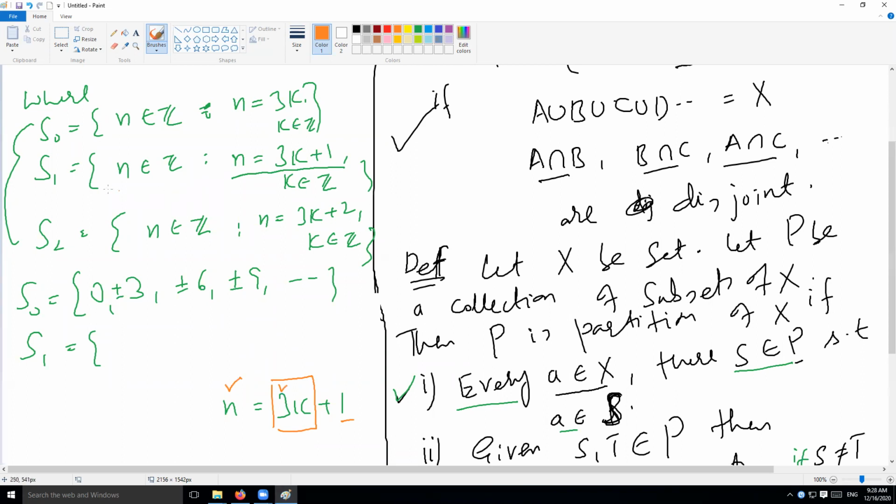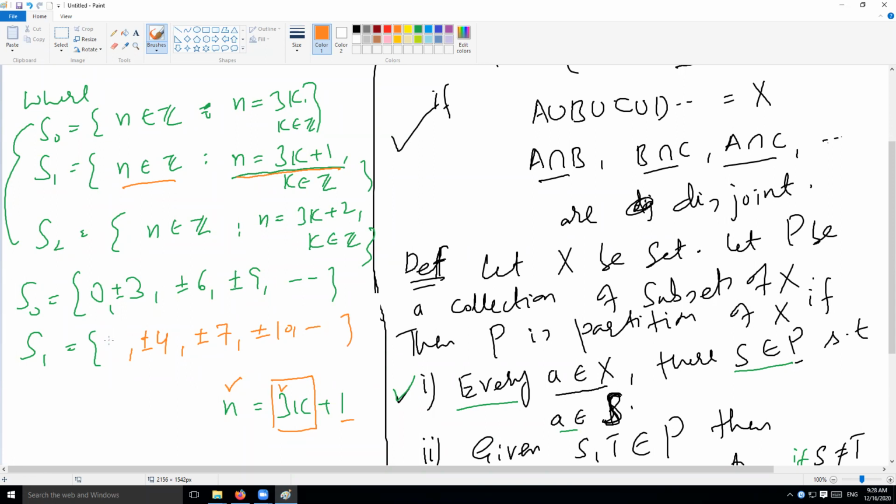So what S1 is telling you is: what are those integers that, when you divided by 3, the remainder would be 1? Which are those integers? Anyone? 4, okay, so 4, 7, not only 4, but plus minus 4, plus minus 7, plus minus 10, and so on and so forth.